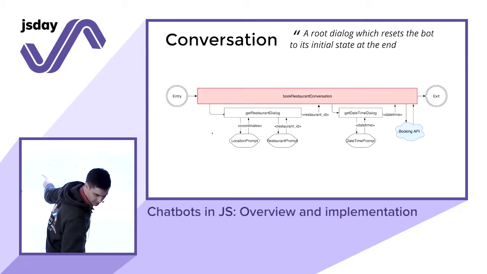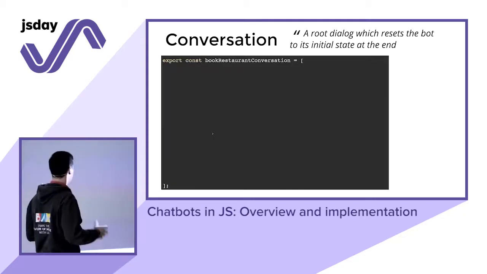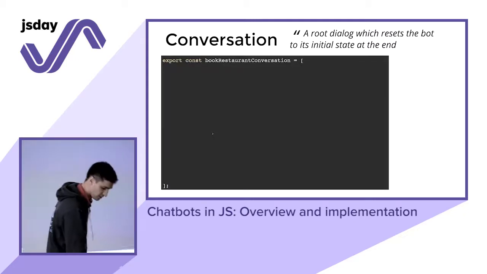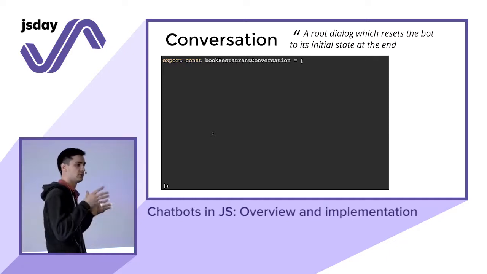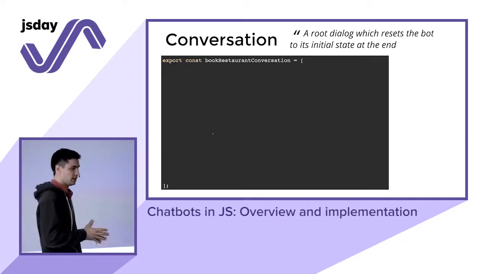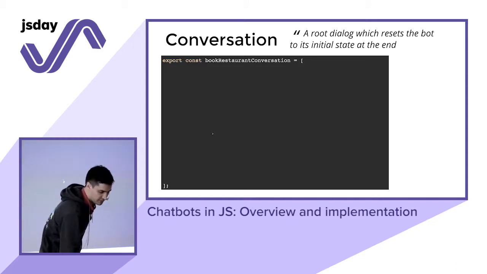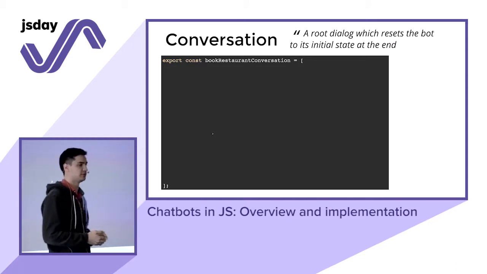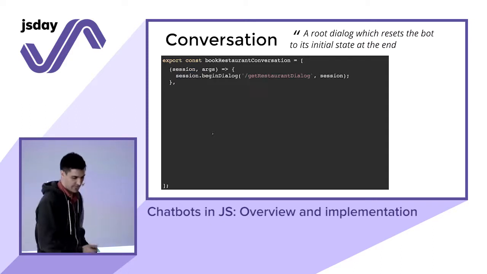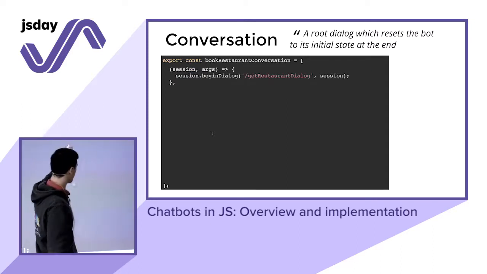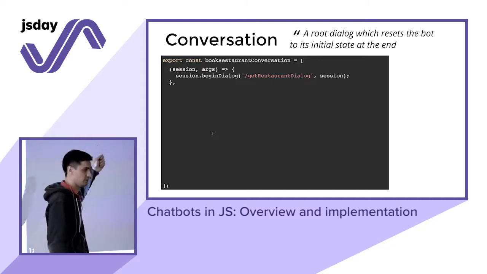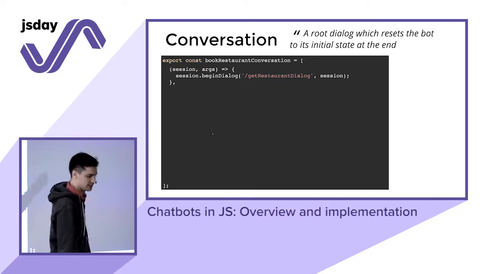So, for the conversation itself, how is it implemented with Bot Builder? Well, first, it's an array, because Bot Builder uses what it calls waterfall steps, meaning that you will have multiple methods that will be chained together to form a conversation. For the book restaurant conversation, the first thing we need is to actually get the restaurant. So we'll call the get restaurant dialog.